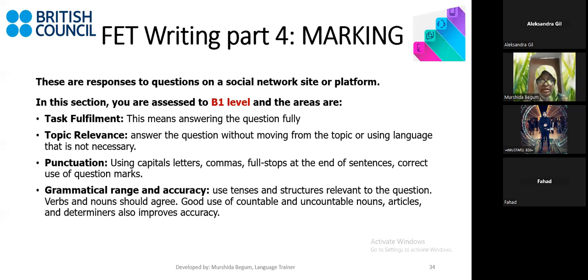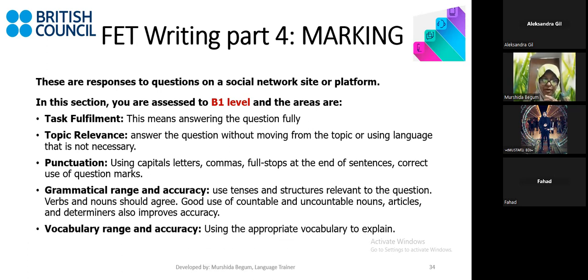Definitely grammatical range and accuracy is there, where your use of tenses, structures relevant to the question, verbs and nouns should agree. Good use of countable and uncountable nouns, articles, and determiners also provides accuracy. So there is a range of things being marked in this part.